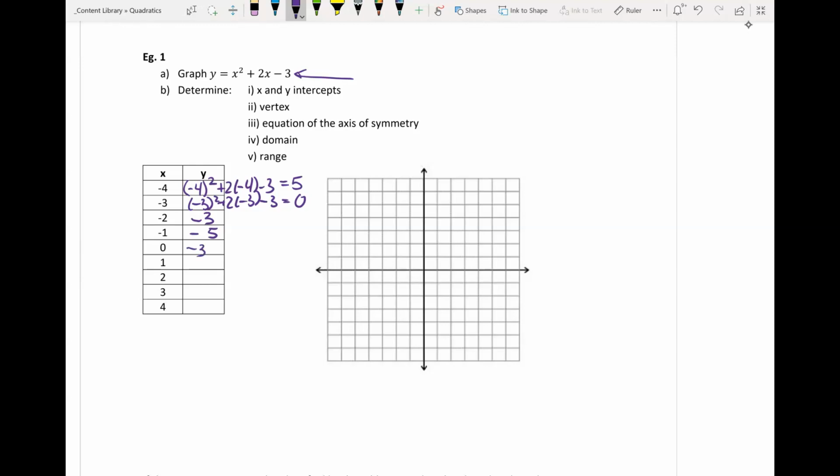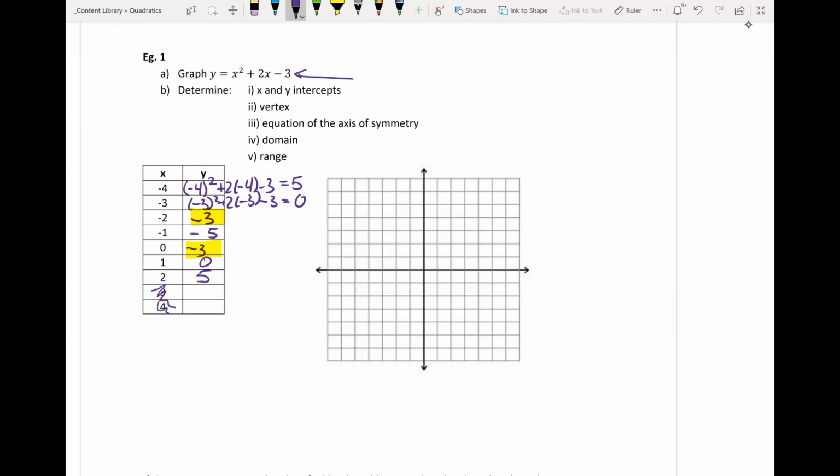So if you take a look, we already kind of have a pattern going on because I have a repeating y value right here and right here. So it's safe to assume that my next one's going to be 0, and the next one for x equals 2 is going to be 5 because we know our quadratic is symmetric. And then we could just disregard these points because we don't really need them.